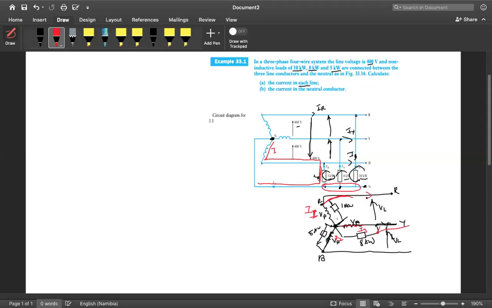Then our phase currents are going to be IR here, IY here, IB. So for us to know the currents that are flowing, we must know the voltage in those phases.